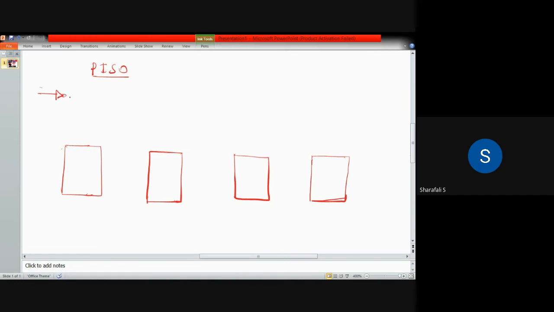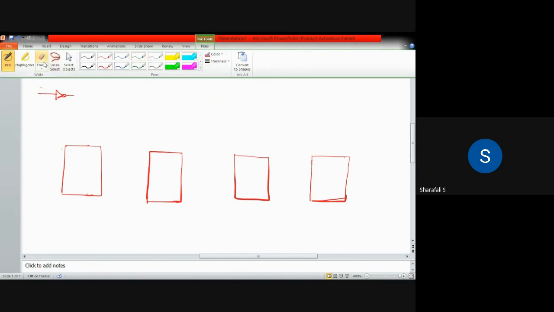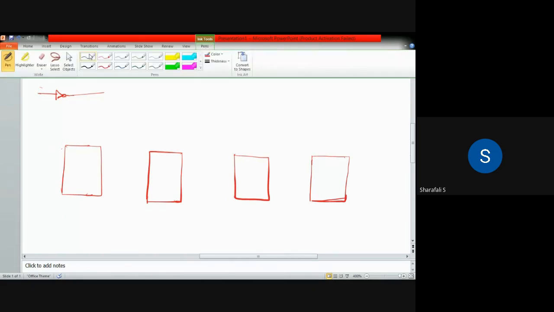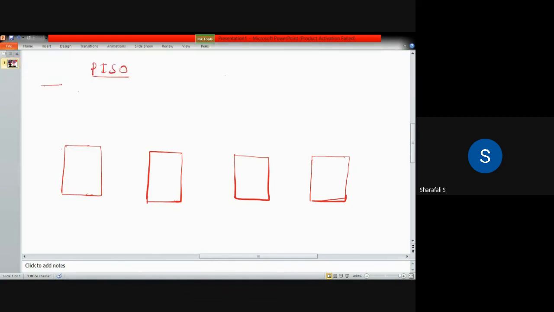Let's consider this NOT gate here, which will be connected. And one connection is before this NOT gate.